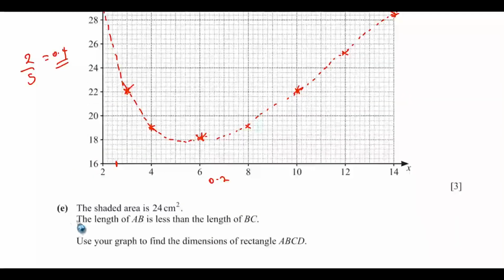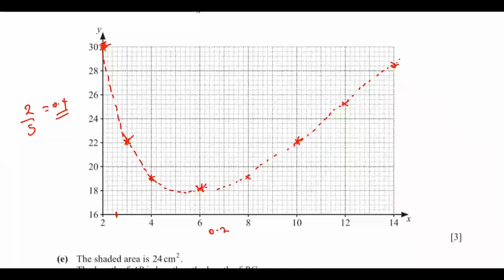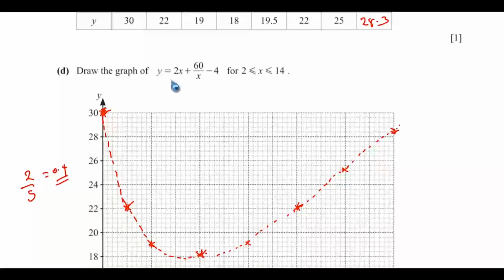Part E, the shaded area is 24 centimeters squared. The length of AB is less than the length of BC. Use your graph to find the dimensions of rectangle ABCD. Don't forget that this curve is the area of the shaded portion. This is the formula for the area of the shaded portion from the diagram here.